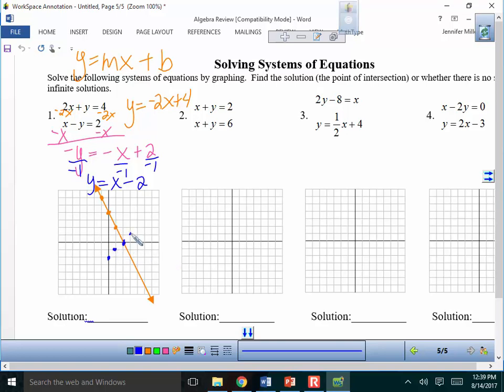Up 1 over 1. Creating this line here. And do you see that point where these two lines intersect? That is the solution to this system. And the coordinates of that point are what? 2, 0. Very good. Are there any questions here? Questions going once, twice? No? On the next problem, we subtract x, right?